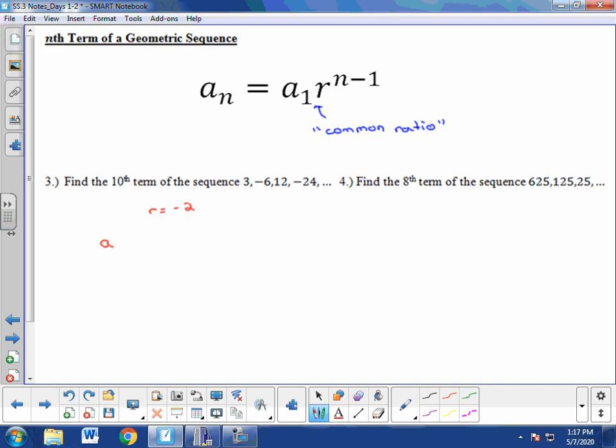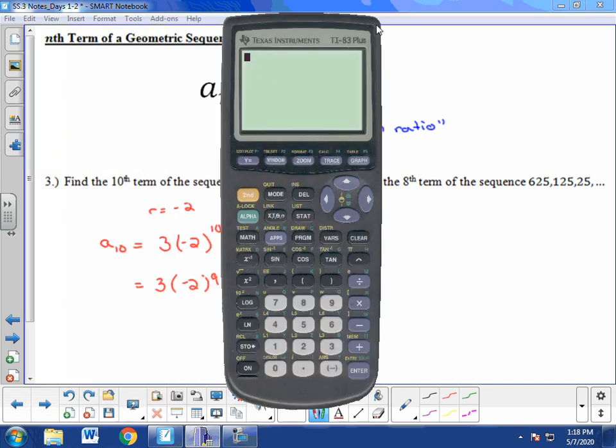So if we want to find a sub 10, the value of the 10th term in the list, we can use the first term, a sub 1, which is 3, times our ratio, which is negative 2, to the n minus 1 power. So to the 10 minus 1 power. If we simplify this, this would be 3 times negative 2 to the 9th power, and that we can evaluate in the calculator.